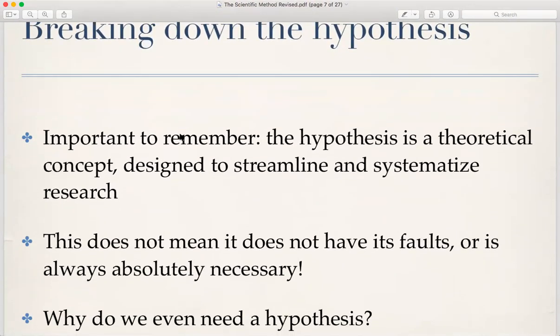Okay, so let's talk a little bit more about the actual guess, the hypothesis. It's important to remember that the hypothesis is a theoretical concept. It's not some concrete law, like you have to do the hypothesis in this specific way.